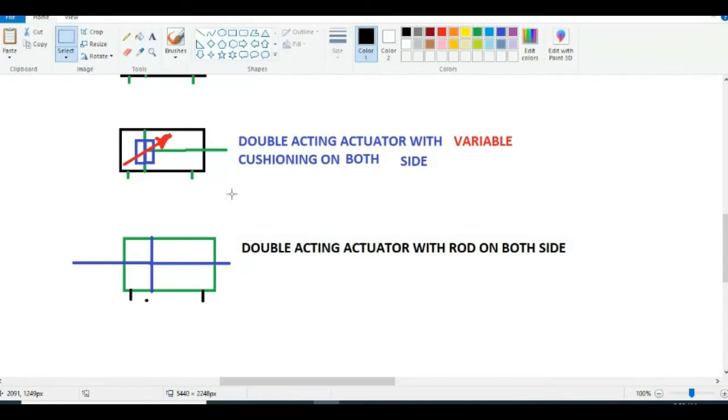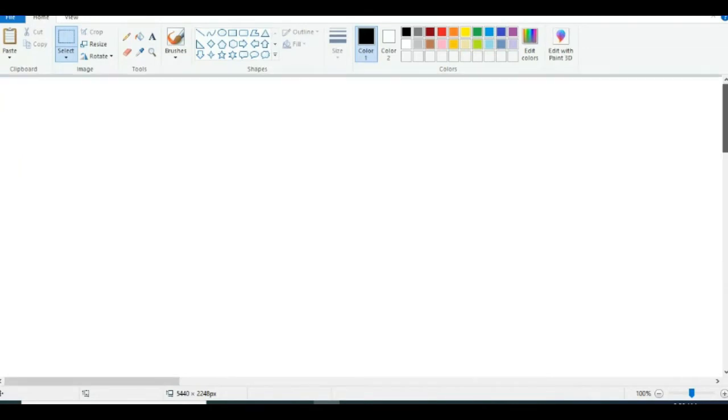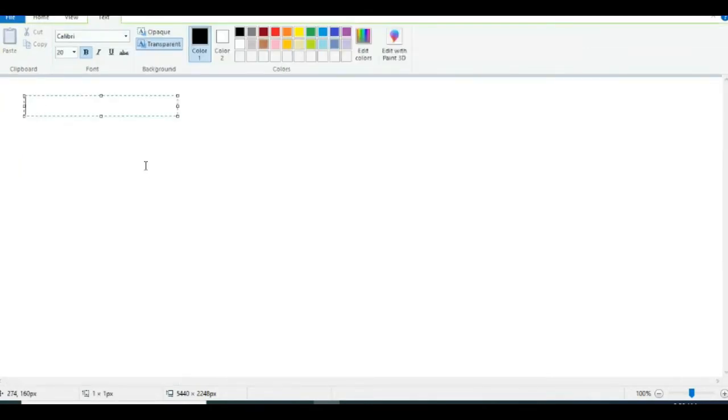How to draw the symbols for the pumps, motors and the actuators. Now I am going to show the ISO symbols for the directional control valve.